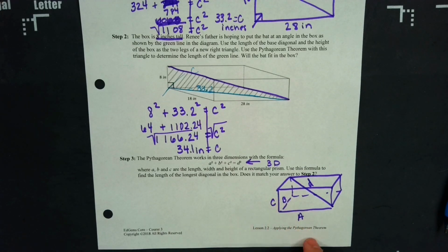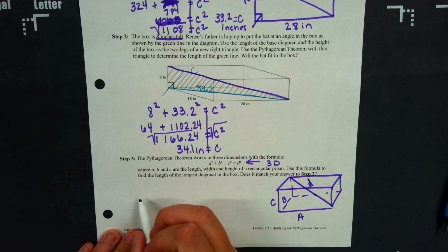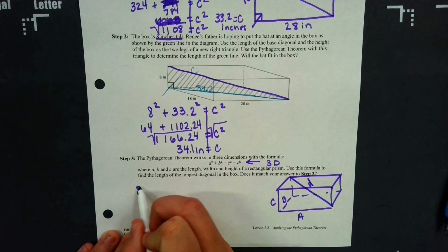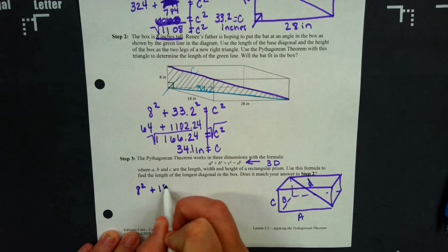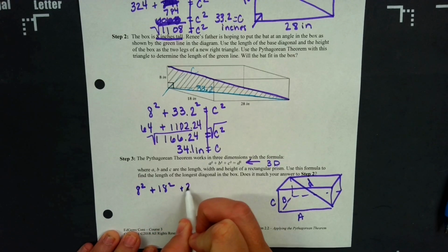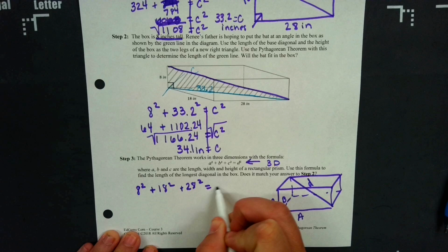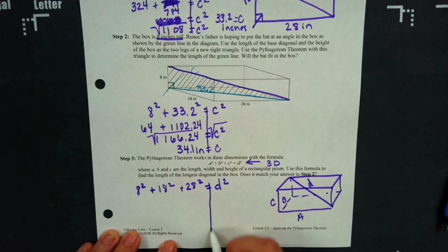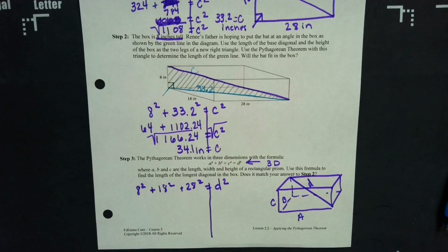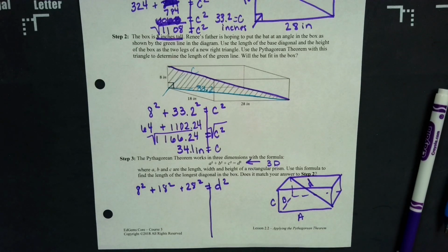Does it matter which one's A, B, and C? No. Okay, so I've got 8 squared plus 18 squared plus 28 squared equals D squared. I want you guys to try that. The process is the same.